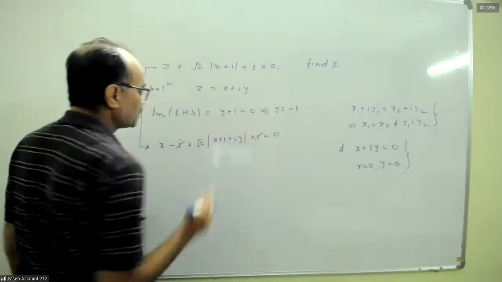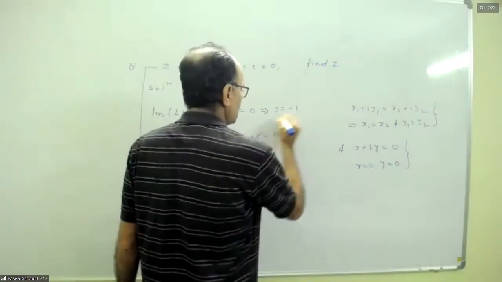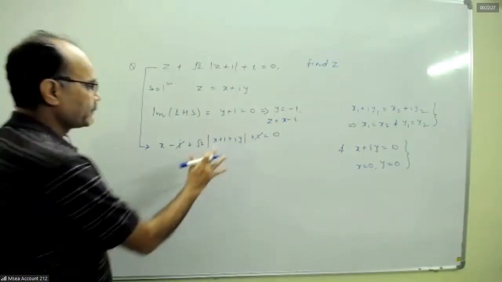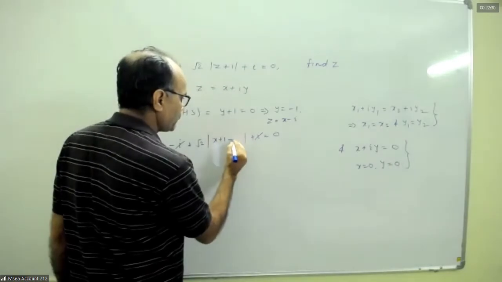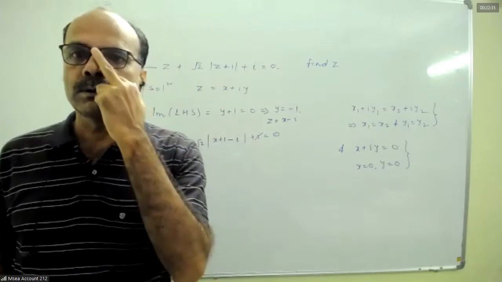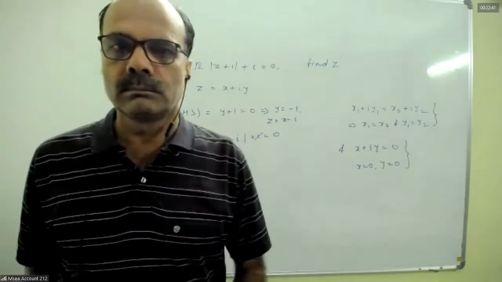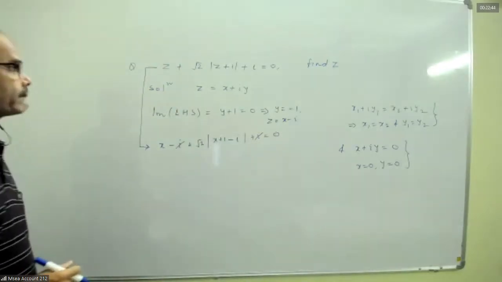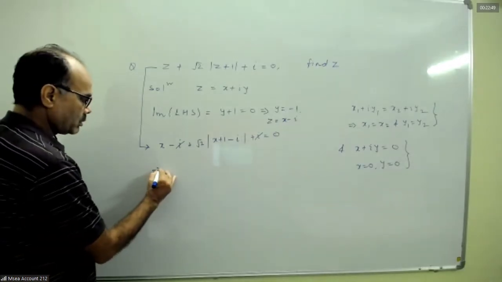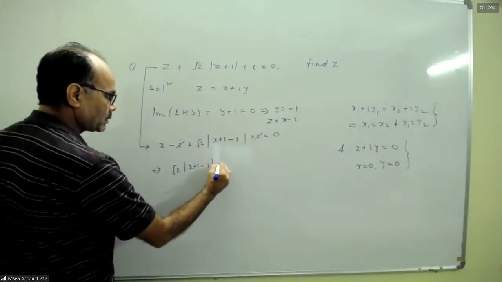Taking the value of z, now z becomes x minus i. Imaginary part will get cancelled. Now root 2 times of mod of x plus 1 minus i equal to minus x.